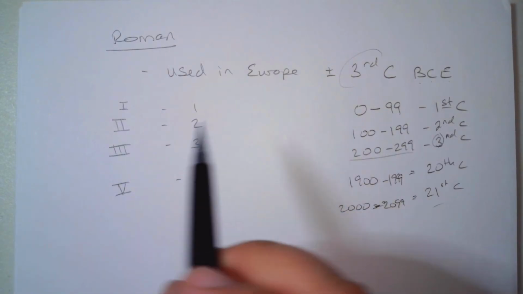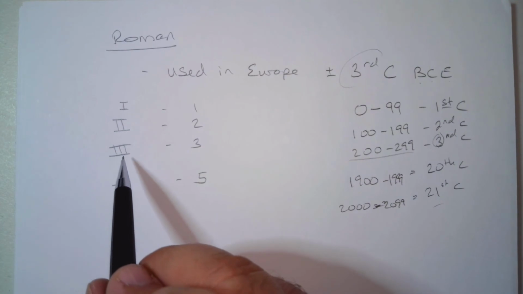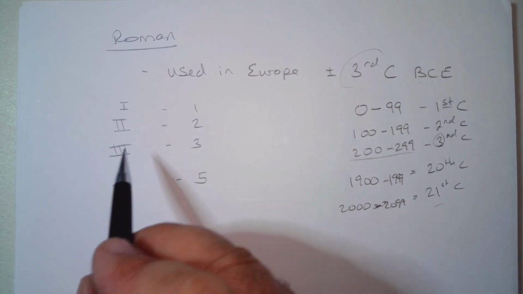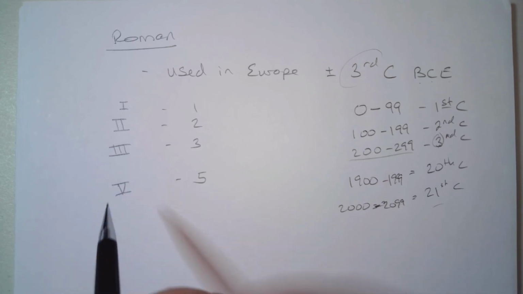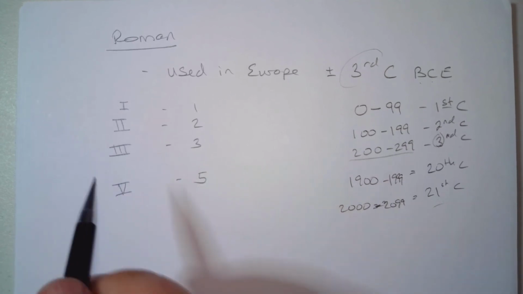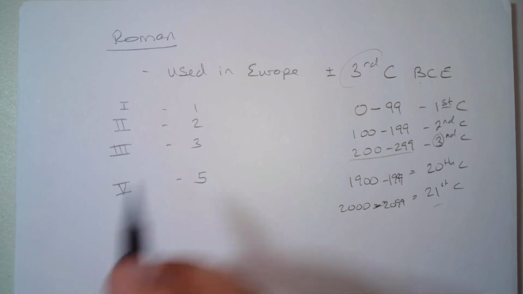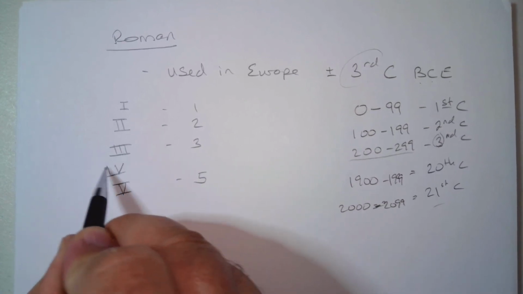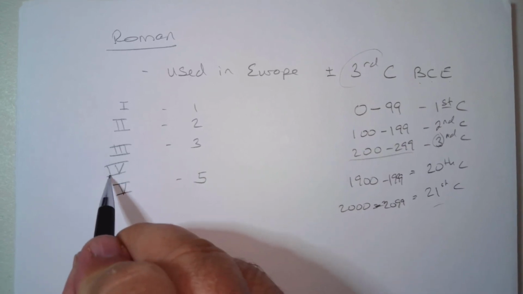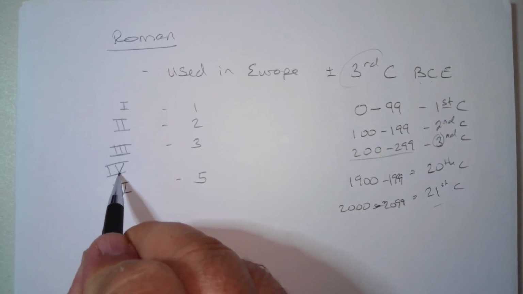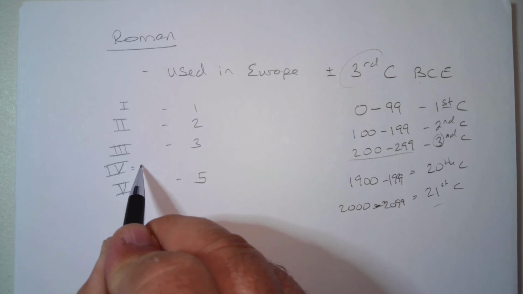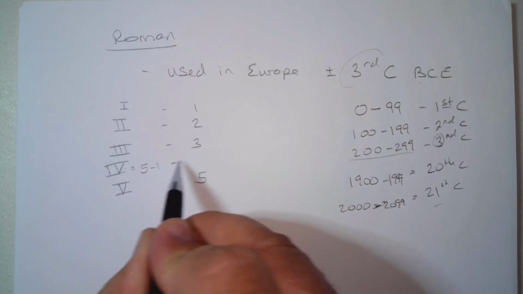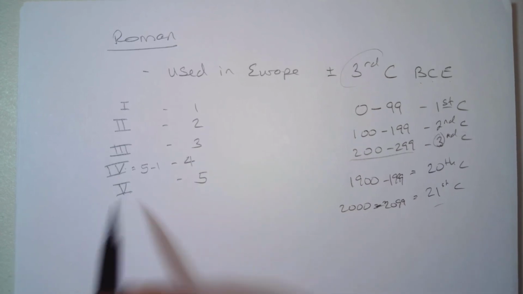In the Roman numeral system, you'll never find more than 3 of a kind. So now, they introduce the subtraction part, because to go from 3 to 5, what's between there? IV. Whenever you have a smaller number in front of a larger number, you subtract. So V is 5, minus 1 is 4. Then you have 5.